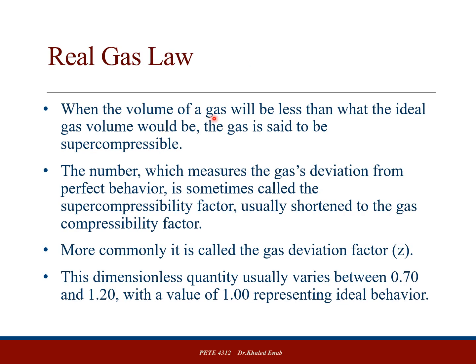Real gas. When the volume of a gas is less than what the ideal gas volume would be, the gas is said to be supercompressible, which makes sense. You compress the gas, so the volume will be less. The number which measures the gas deviation from ideal behavior is sometimes called the supercompressibility factor, usually shortened to gas compressibility factor. Keep in mind that this compressibility factor is different from the isothermal compressibility that we mentioned before.